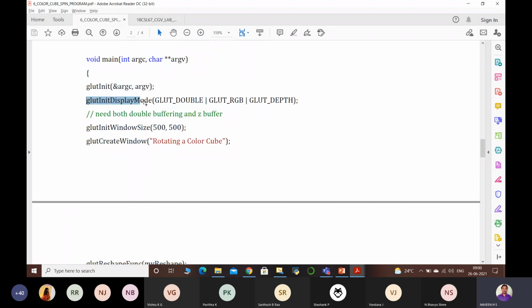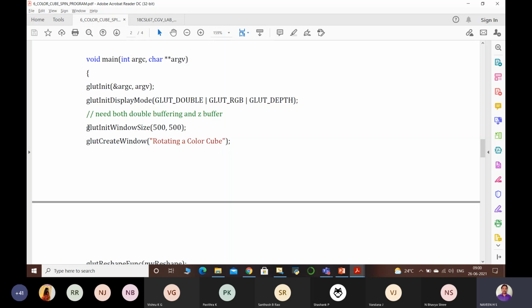And the glutInitDisplayMode function, that is GLUT_DOUBLE, GLUT_RGB and GLUT_DEPTH, same thing. As we are dealing with a three-dimensional object, we need depth information in order to view the invisible surfaces or faces of the cube.